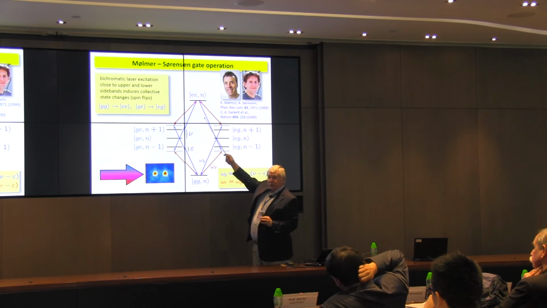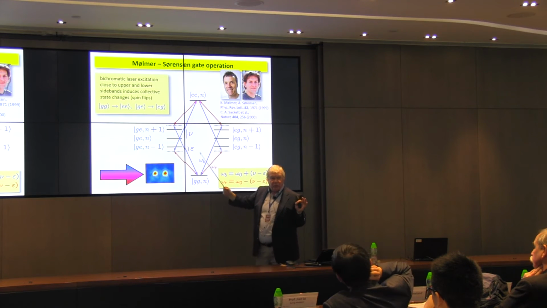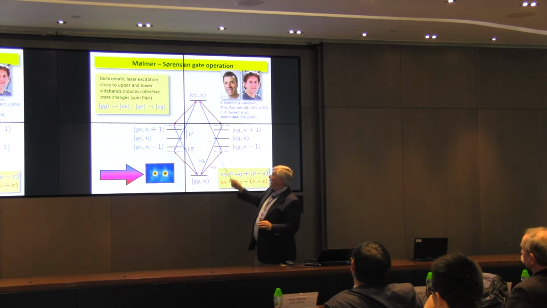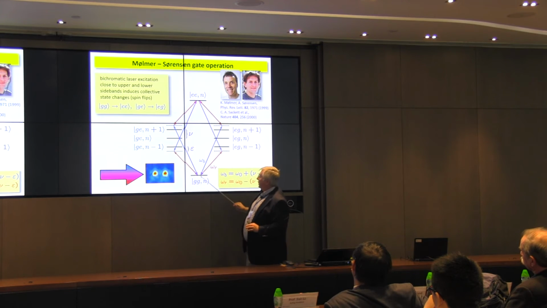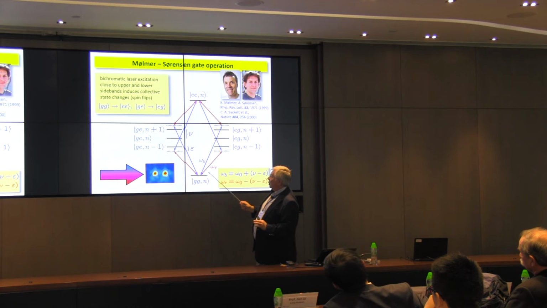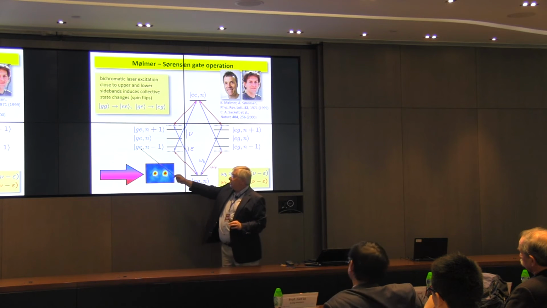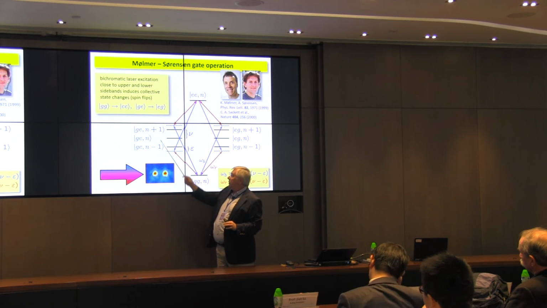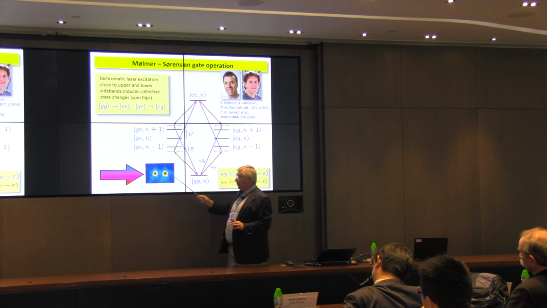Then what you actually want to do as an entangling operation, this is what the C0 gate actually does, that would be making a superposition of these states and these states, and nothing in between. That would be ideal. Now if you write this down in a spectroscopic way, then you have to write down there's a possibility that we have one in the ground state and the other one in the excited state, let's say with n-1 photons or n photons, this is a full spin ladder for the full harmonic oscillator ladder.